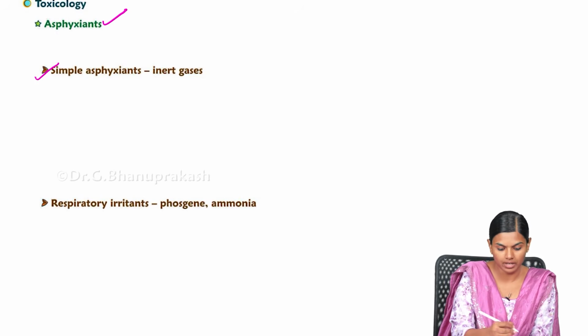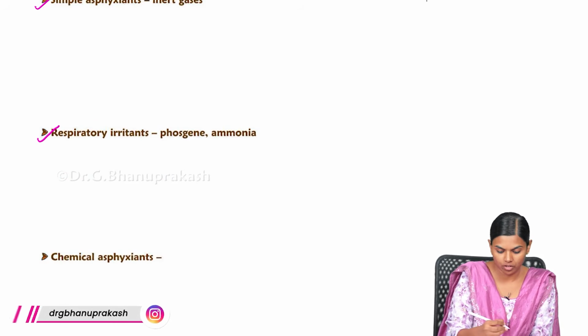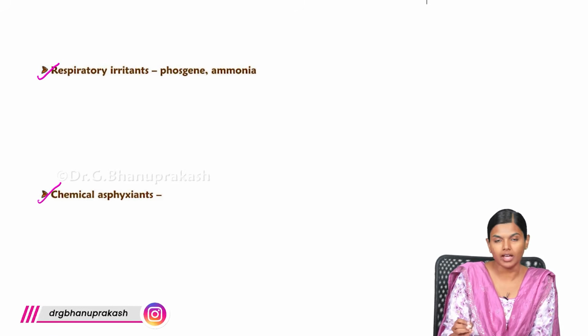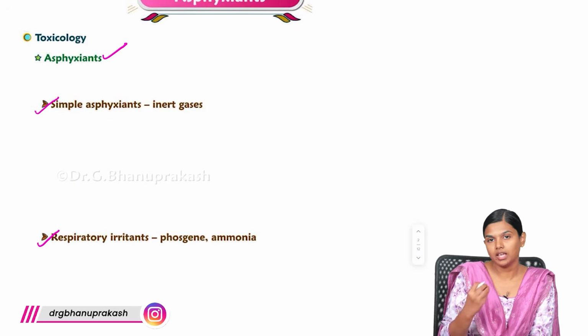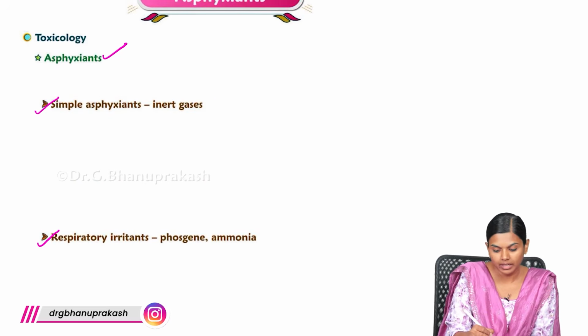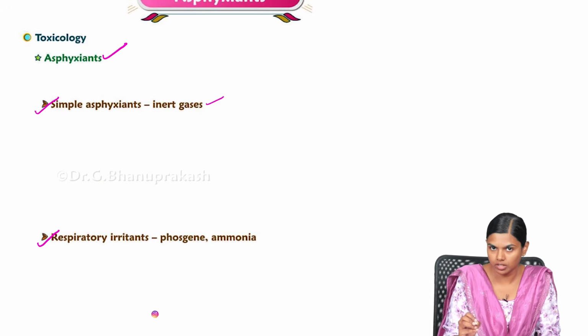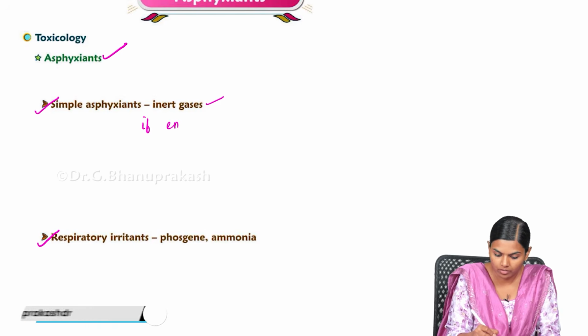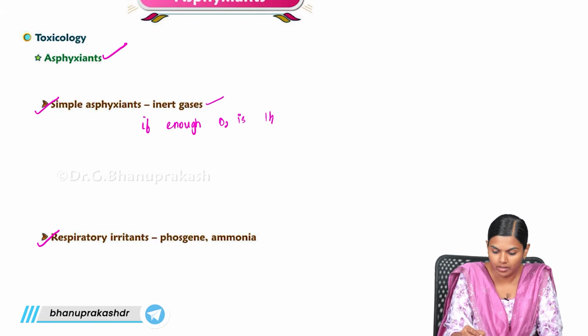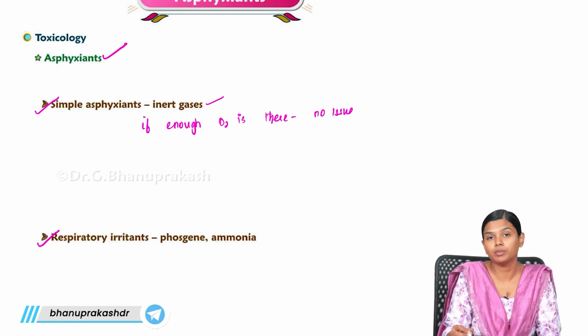You have simple asphyxiants, respiratory irritants and chemical asphyxiants. Simple asphyxiants are simply inert gases. If enough oxygen is there, it will not lead to any issue. If oxygen is not there, then it will be a big issue.